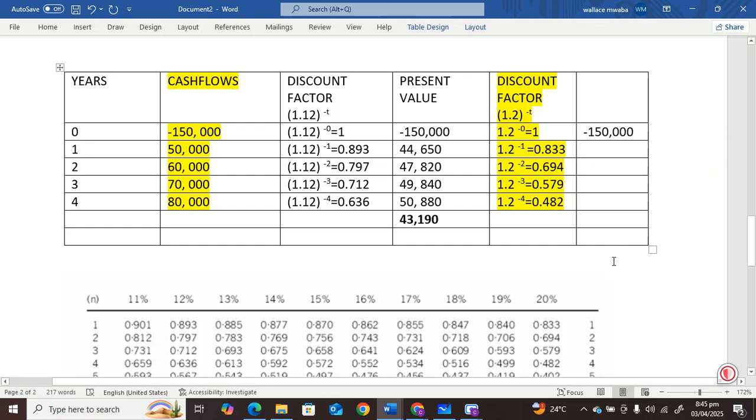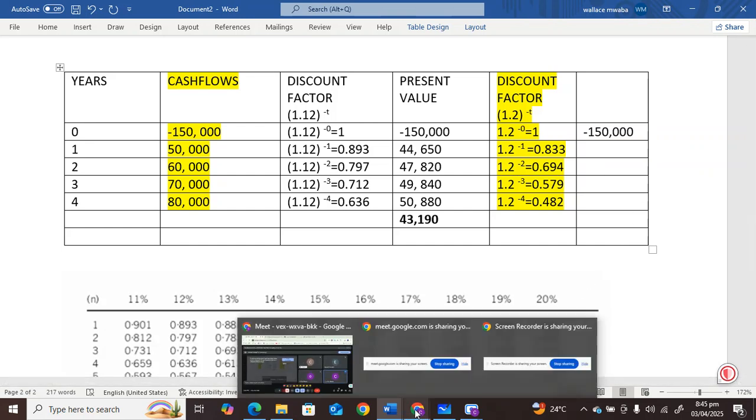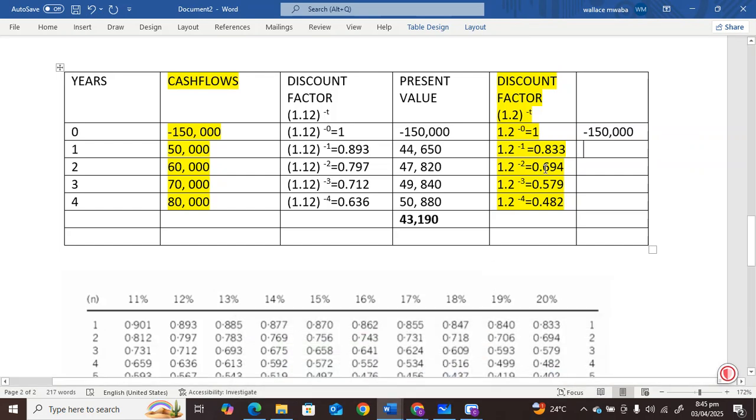Is anyone there? 50,000 times 0.833. It should be lower, because 0.833 is lower than 0.893.